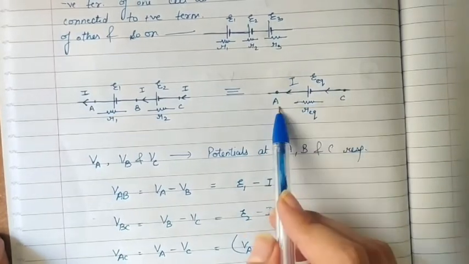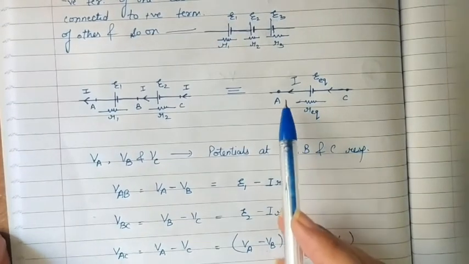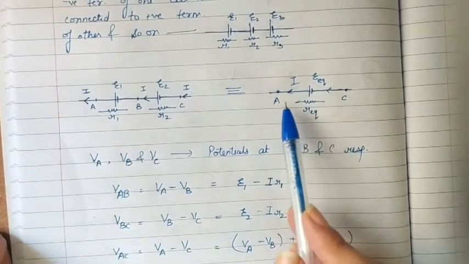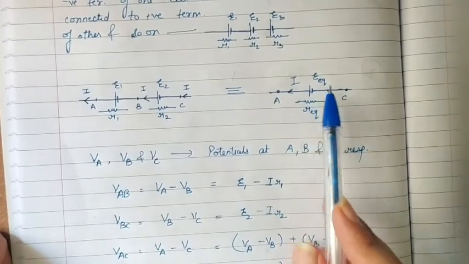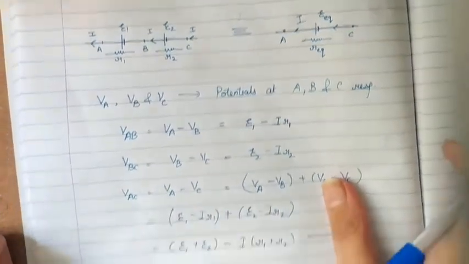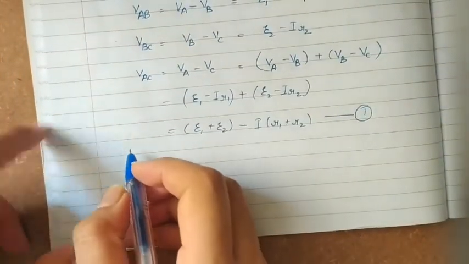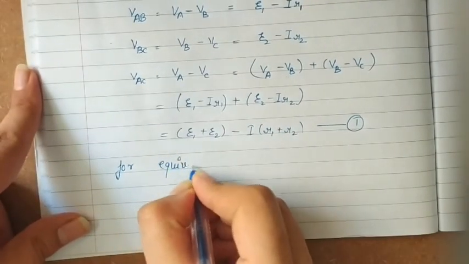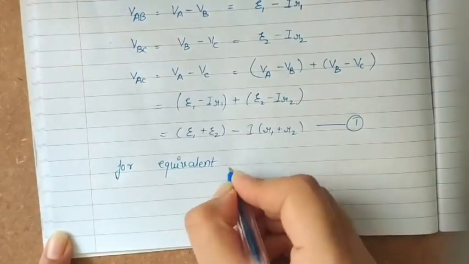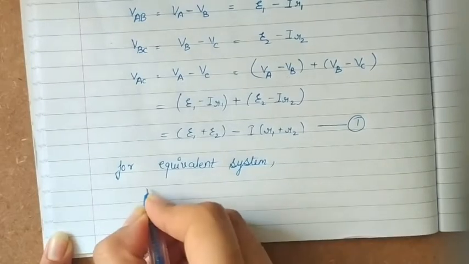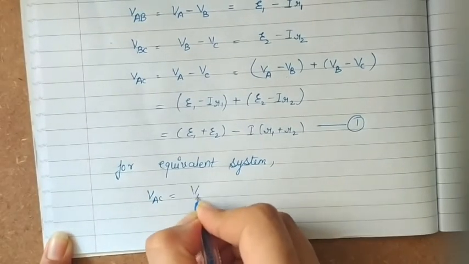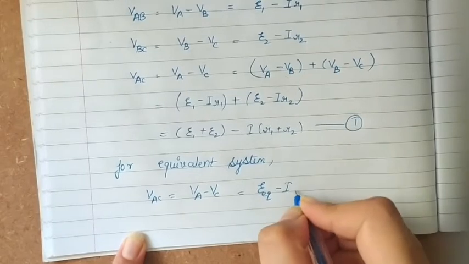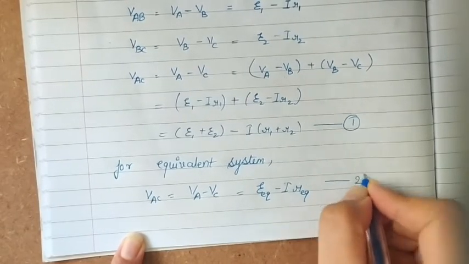So from this equivalent system, VAC will be equal to epsilon equivalent minus I R equivalent. For the equivalent system, VAC is equal to VA minus VC is equal to epsilon equivalent minus I R equivalent. This is equation number 2.